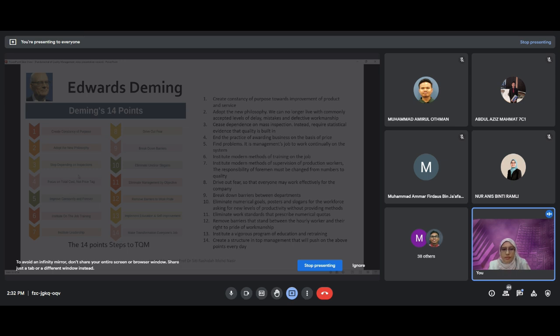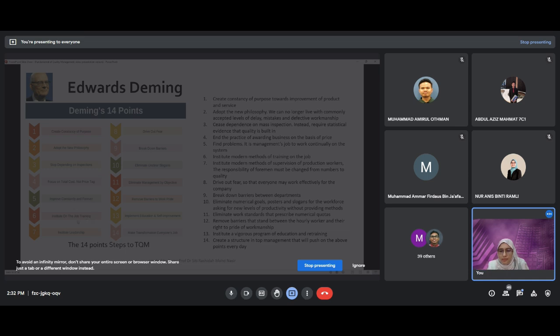And focus on total cost, improve constantly and forever. So it means that in order to produce a quality product or service, it has to be consistent, and it has to be forever, not temporary.